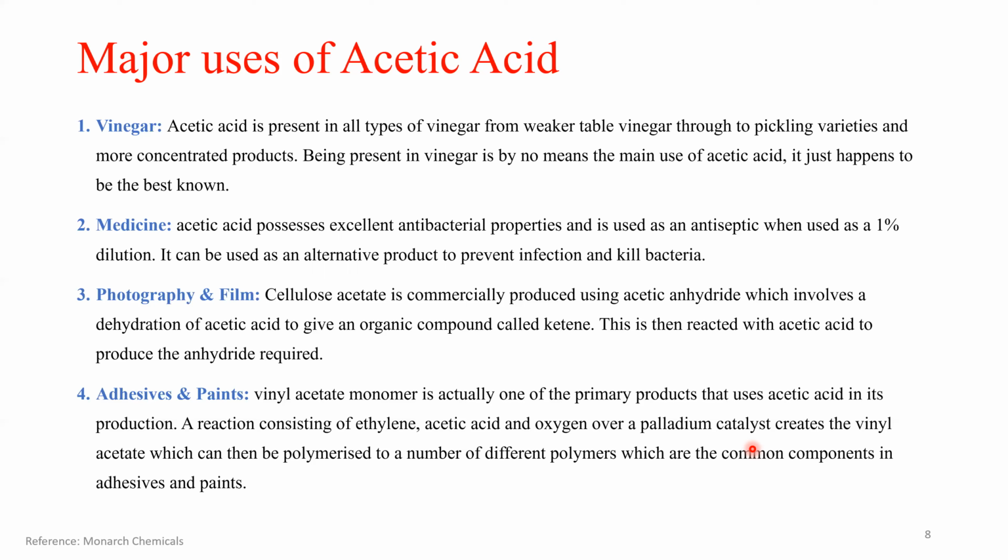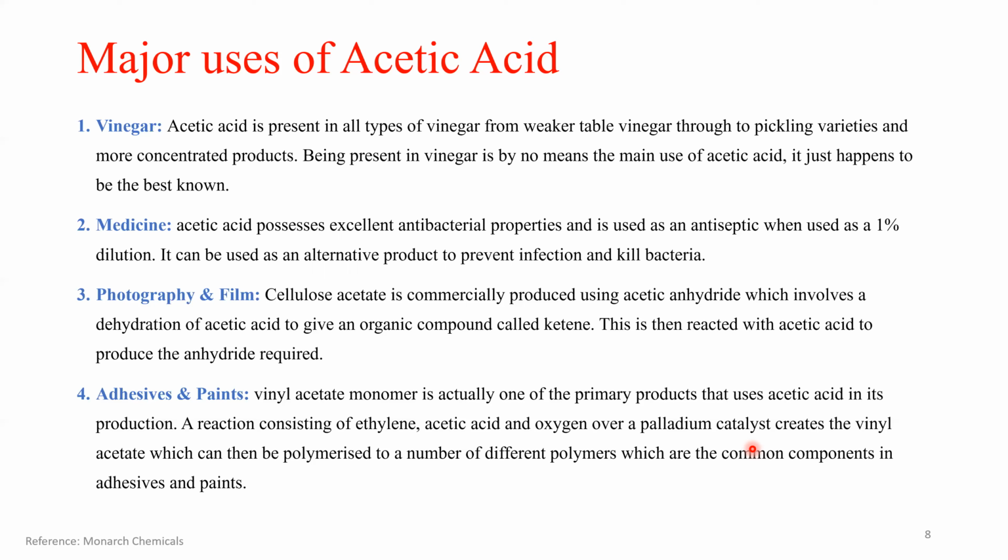It is also widely used in photography and film. The first thing that came out which replaced the nitrate film was cellulose acetate, and this is prepared from acetic acid, which is first converted into acetic anhydride, and then by reacting with cellulose, it is converted into cellulose acetate, which is used in film and photography.